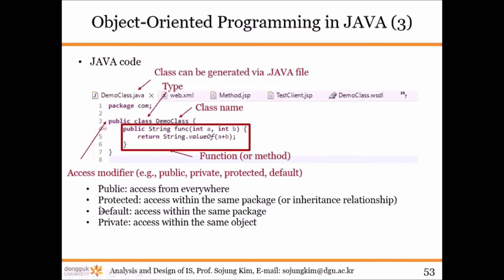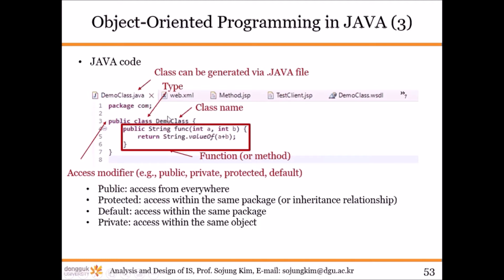Protected means code within the same package can access it, or code with an inheritance relationship can access this function or class. Default means only code within the same package can access this class.